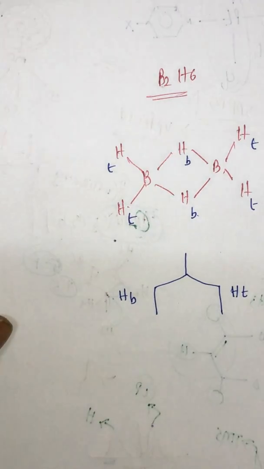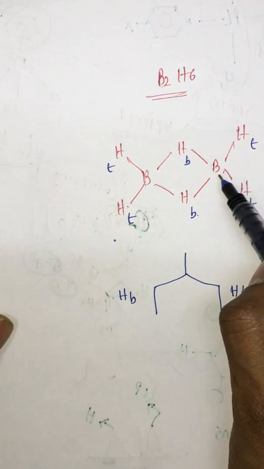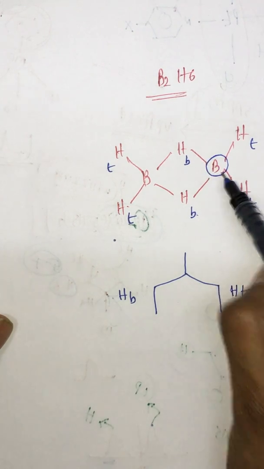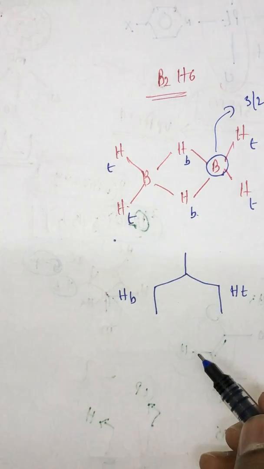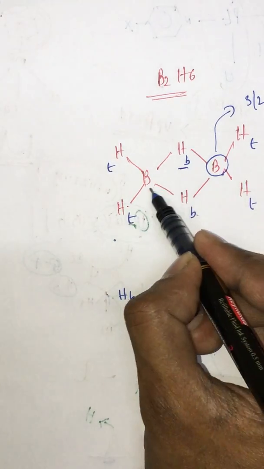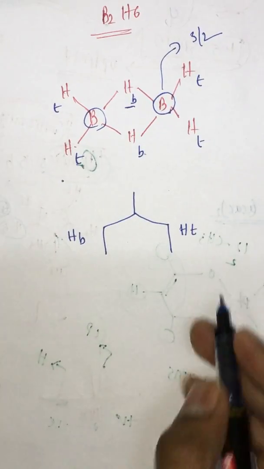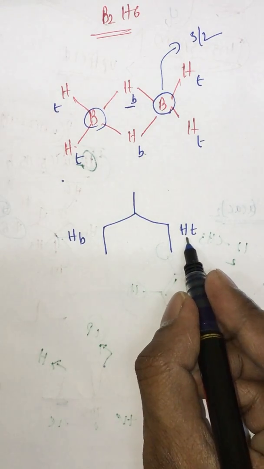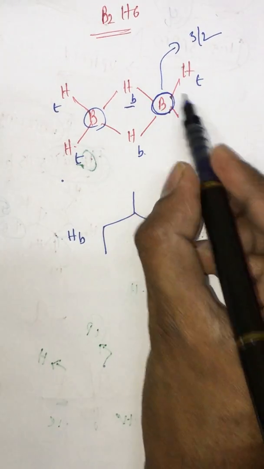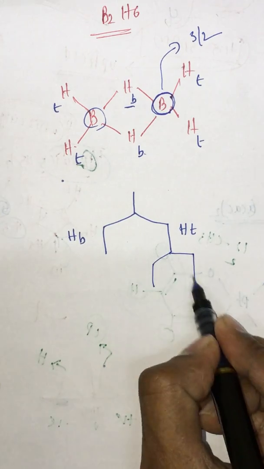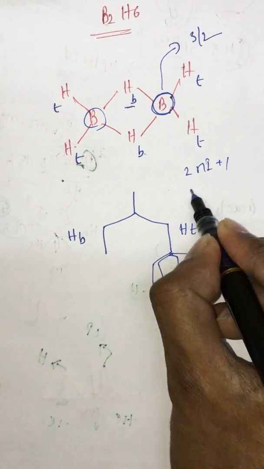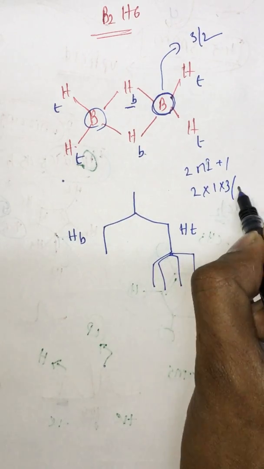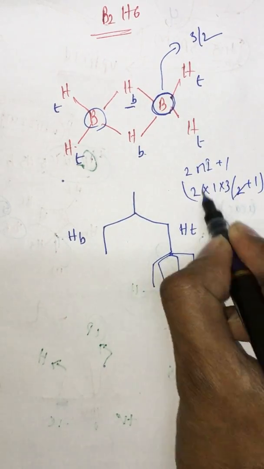Now see, the terminal is attached to only one boron. The spin of boron is 3/2, whereas the bridged one is attached to 2 borons. When the terminal is coupled with only one boron, it splits into a 4-line signal, because 2nI plus 1, that is 2 into 1 into 3/2 plus 1, gives a 4-line signal.